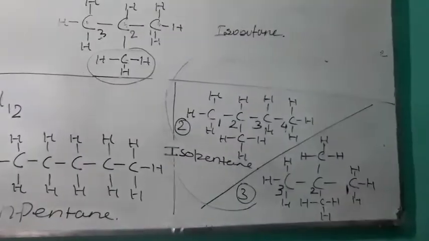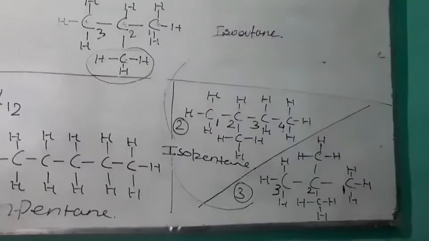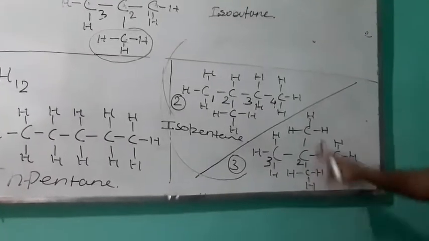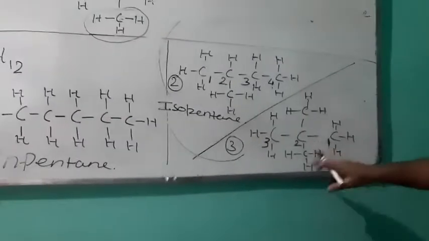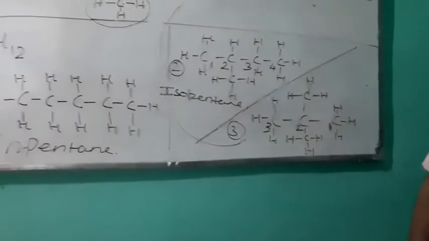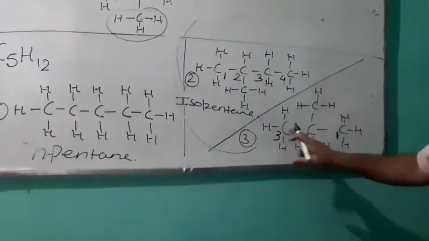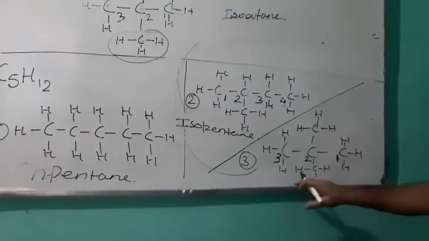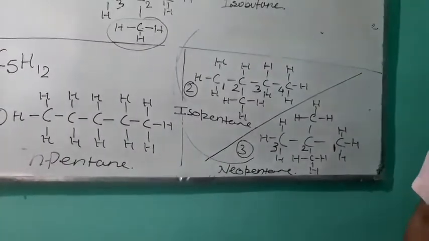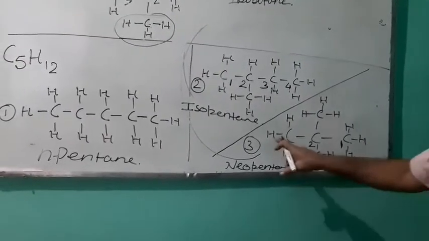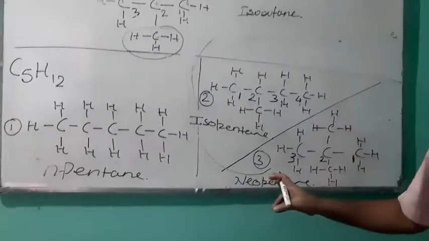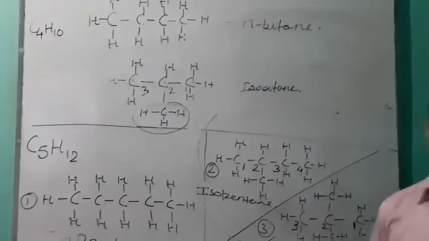Now if branching is at the second carbon and on the same carbon there are two branchings, then we call it neo. So here this will be called neopentane. There are 5 carbons in all, so the common name of this compound will be neopentane.